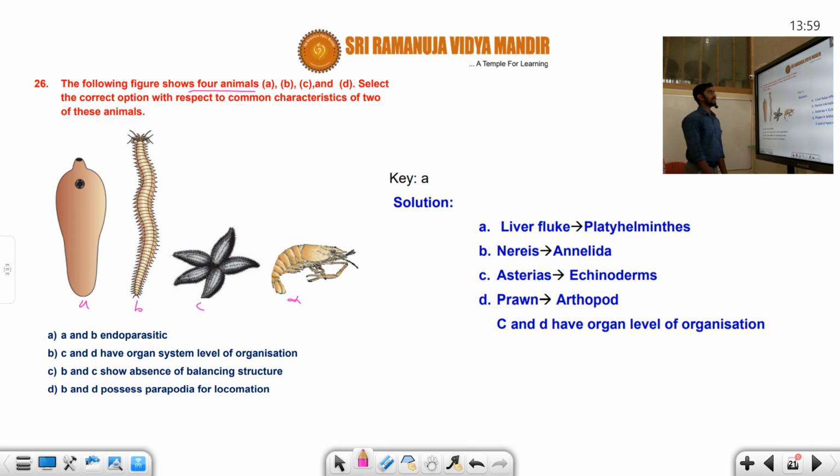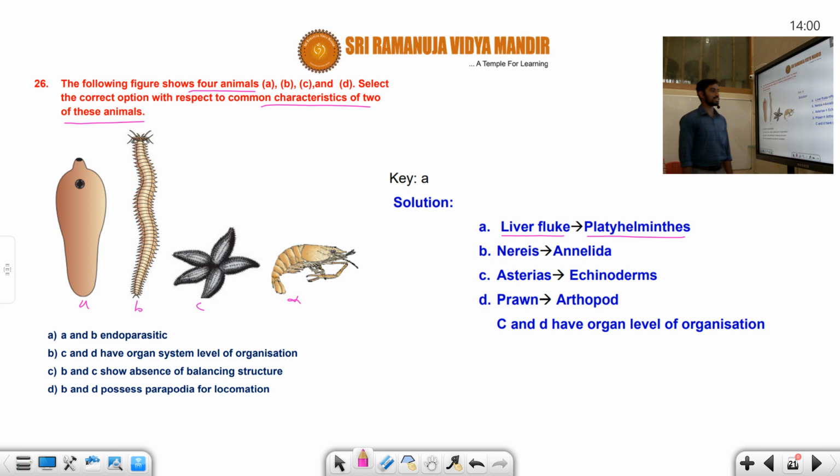What are the common characteristics? In the first option, A and B are endoparasites. A is a liver fluke, which belongs to Platyhelminthes, and B is Nereis.